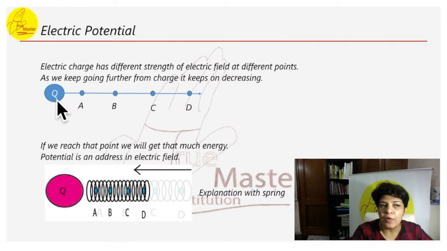As we keep going further from the charge, the potential to do work decreases. The electric potential at a point located far away from the charge is taken to be zero.